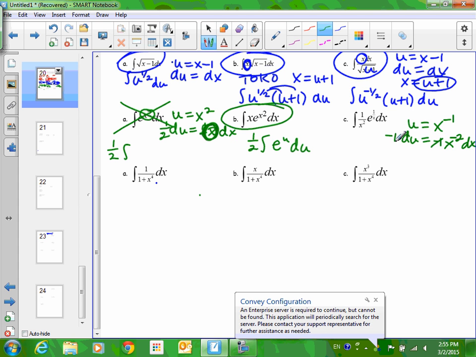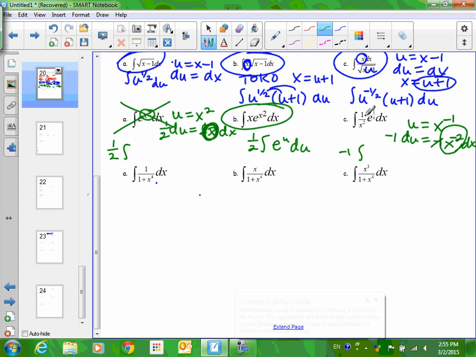The negative 1, I move over to the front, no big deal. Is x to the negative 2 in my problem? Yes. x to the negative 2 is the same thing as 1 over x squared. So this one also becomes e to the u du. In fact, if the 1 over x squared had not been there, this would have been a problem I could not solve. So yes, I can solve that one.